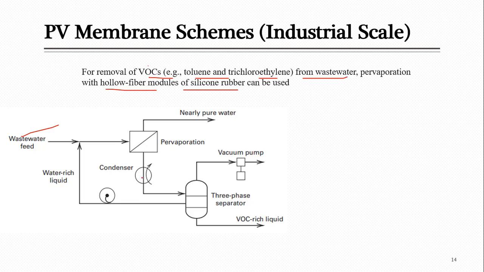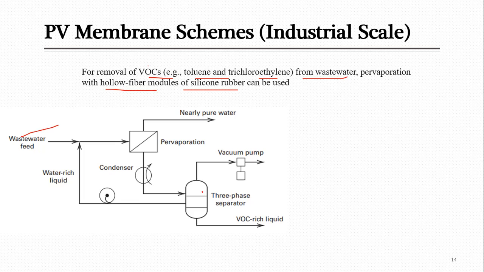This separation takes place when they are permeated in the form of vapor. You condense them, because this membrane again will not give 100% organic chemical permeate. Some amount of water is also permeated, so you condense them, and after condensation you pass it to the three-phase separator.